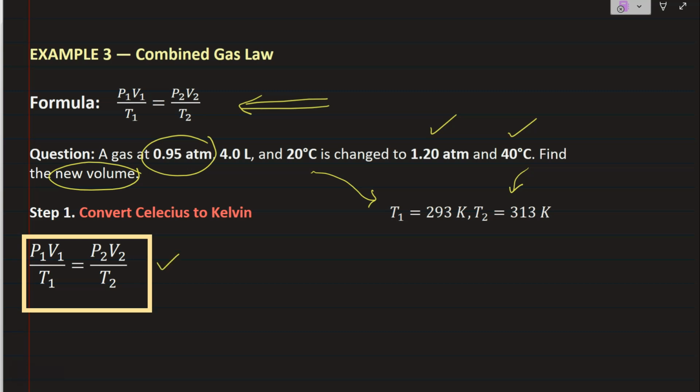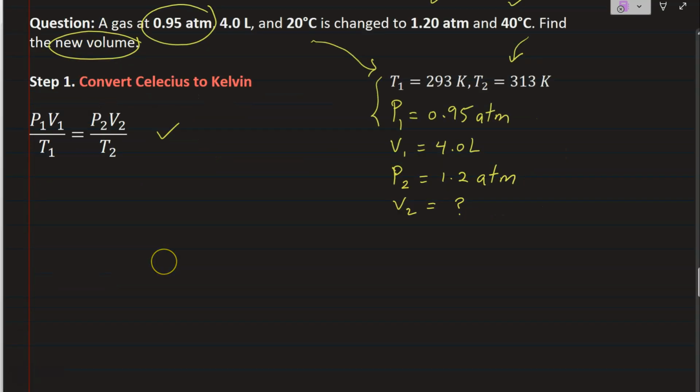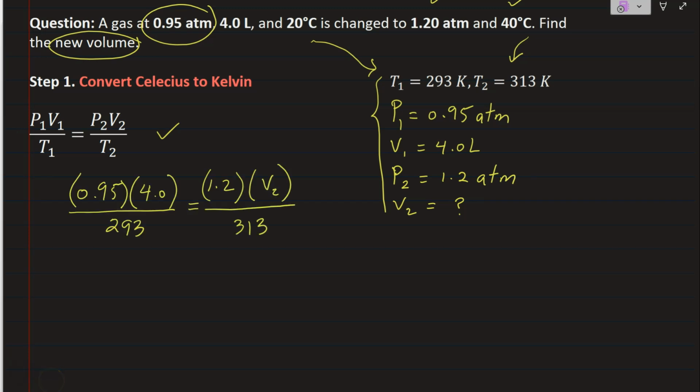Now, it makes sense to write what we do have. Let's list them right here under T1 so that we know exactly what we have and can solve it. These are all the information that we have. We're going to plug numbers into this formula and solve for the missing variable, which is V2. Everything else we know. So when you plug numbers in, that's what you get.